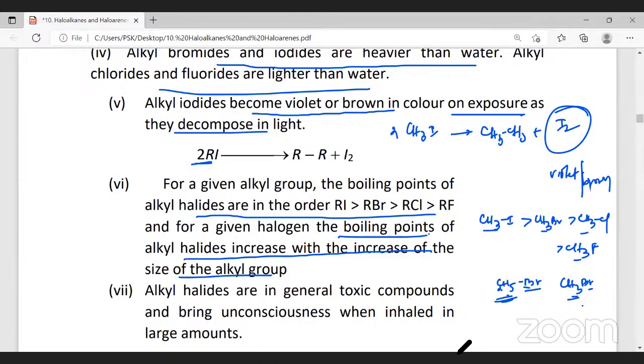As the molecular mass increases, the boiling point and melting point increase. You should remember, since the alkyl group is bigger, the boiling point and melting point will be greater for ethyl bromide compared to methyl bromide. Are you following? Ajay, are you following? Yes, sir.